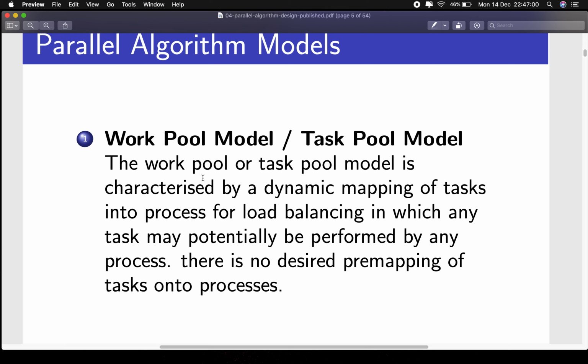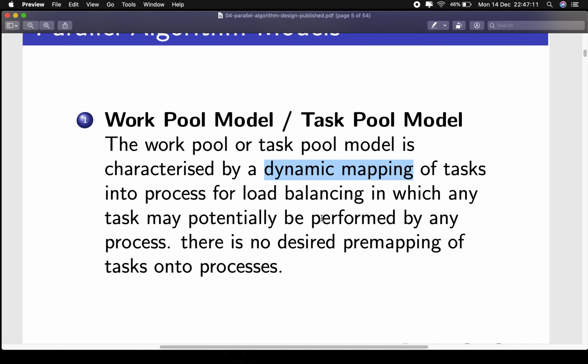Its characteristic is dynamic mapping of tasks onto processes for load balancing, in which any task can potentially be performed by any process. So the keyword under the work pool model and task pool model is dynamic mapping for load balancing.